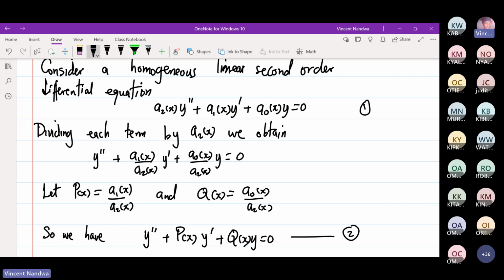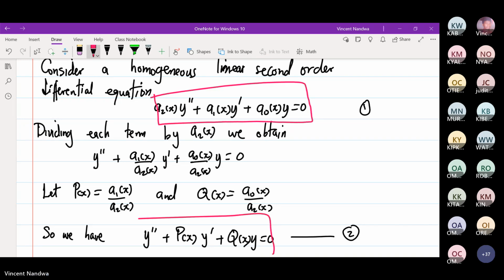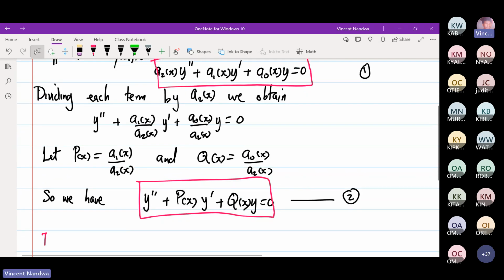Now, with respect to the standard equation 2, we will define the terms ordinary and singular point with respect to the differential equation 1. So definition: ordinary and singular point.